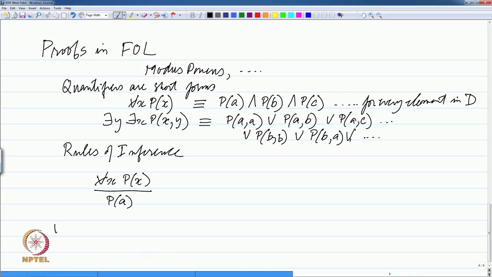This rule is called universal instantiation. We use the term UI in short, and it is one of the most common rules that we use in first order logic.